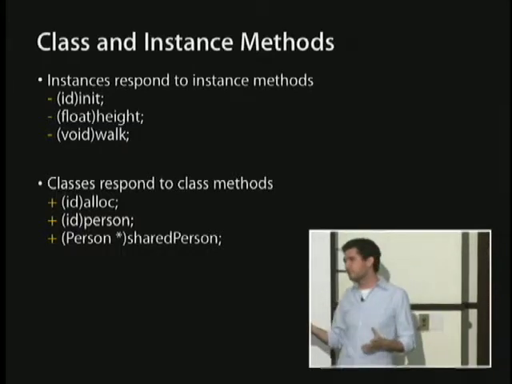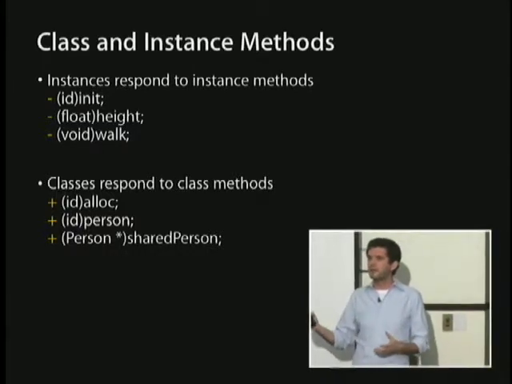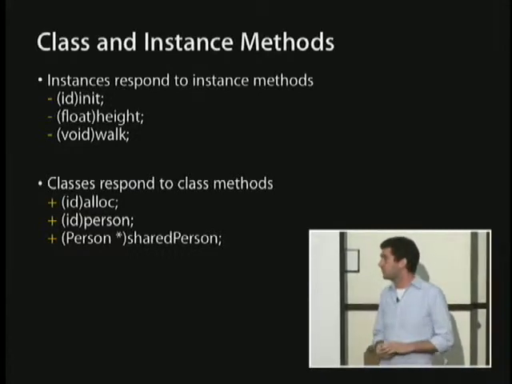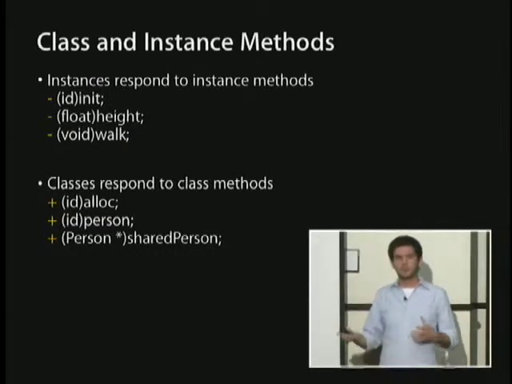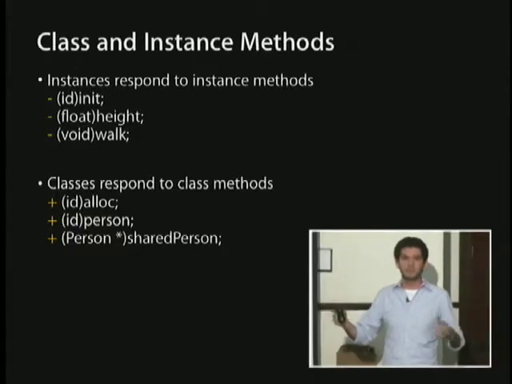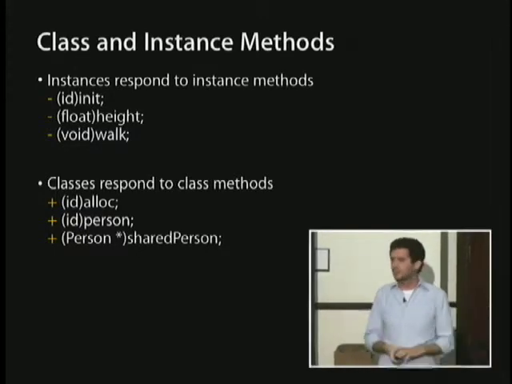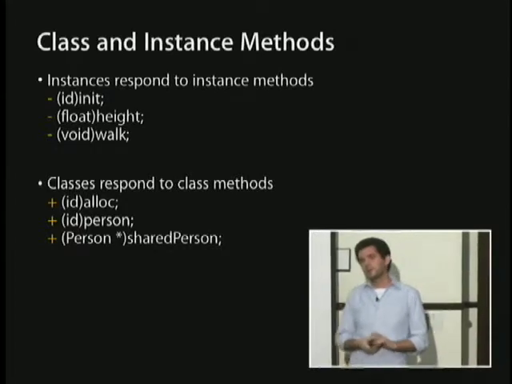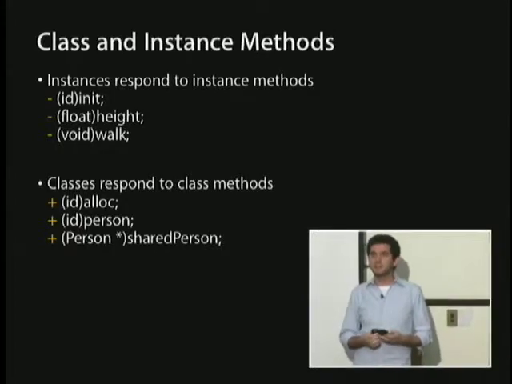Often you'll see this pattern as well, convenience methods that return pre-allocated, autoreleased objects. In this case, that's probably what this is doing. You probably have a Person class that you call person on, and it returns a new instance of a person, autoreleased for you. Another pattern that we see a lot is the concept of a singleton object. Often you'll message a class with shared something.